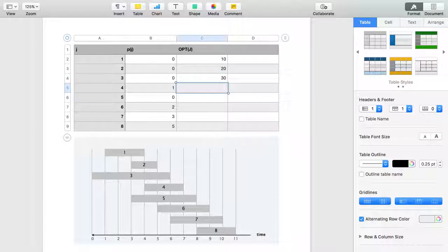So up until 3, I include 3. Now 4 becomes more interesting, right? If I include it, what's the value? 40 plus OPT of 1, so it's 50. If I don't include it, what's the value? 30, which is OPT of 3. So for this, I'm doing 50.